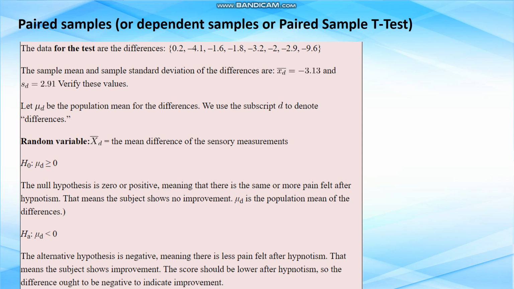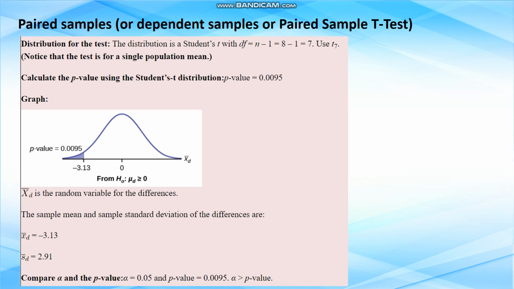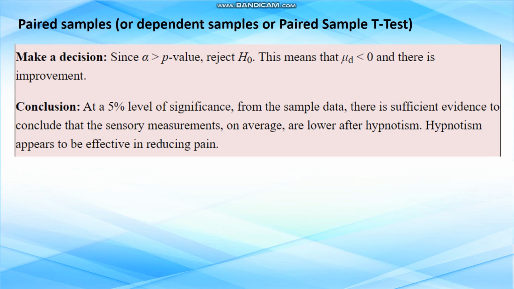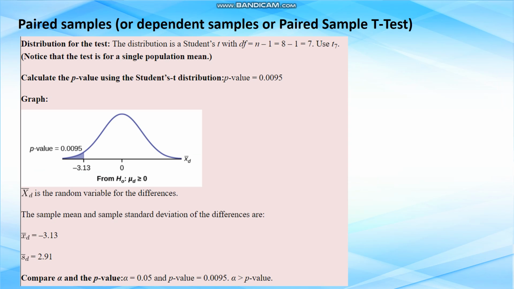And finally, you are going to prove that you reject the null hypothesis and accept the alternative hypothesis, or you accept the null hypothesis, by having a look at the p-values and the alpha values.